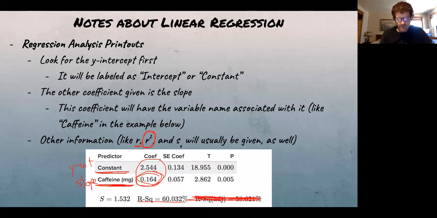So R squared is what you're always going to be looking at. The standard deviation of the residuals is just going to be labeled as S. And remember, that can be useful for certain analyses.